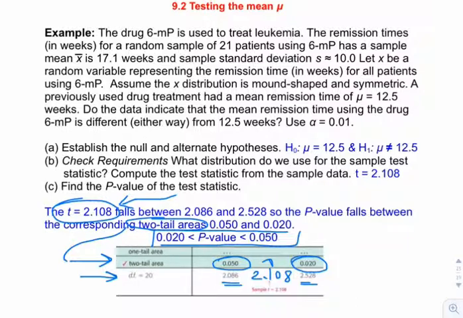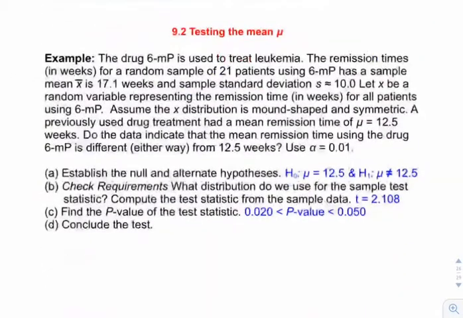And then we look for the t values that ours is in between. So our t value is in between 2.086 and 2.528. So we know we're going to be between those two columns. We look up to the two-tail area row, and we see that we're between 0.05 and 0.02. So that's our conclusion right there. We don't have a particular number for the p-value, we have a range of values. So our p-value is between these two.